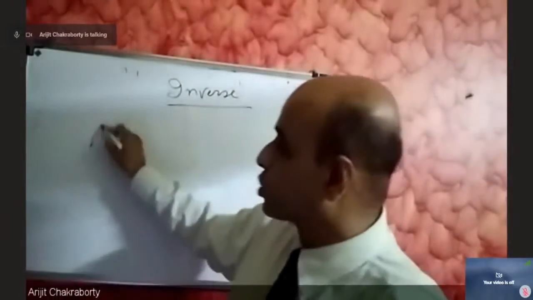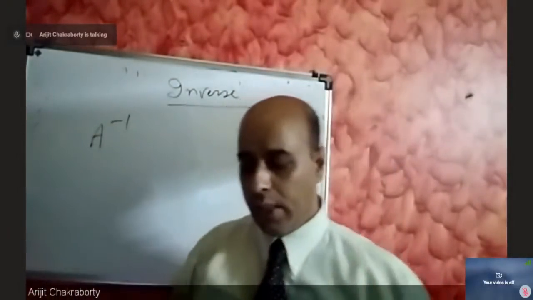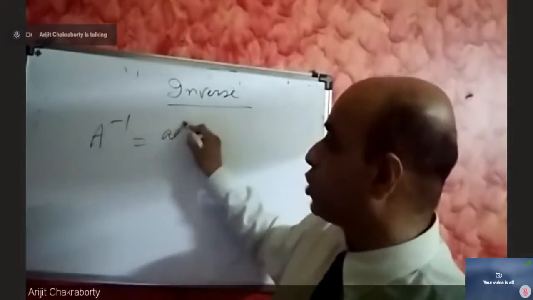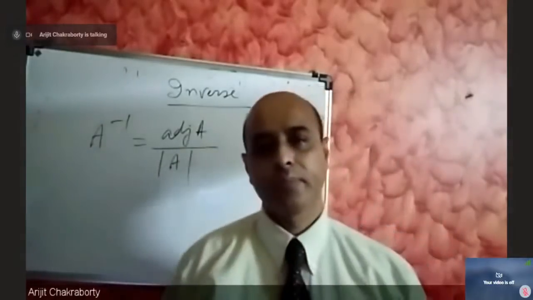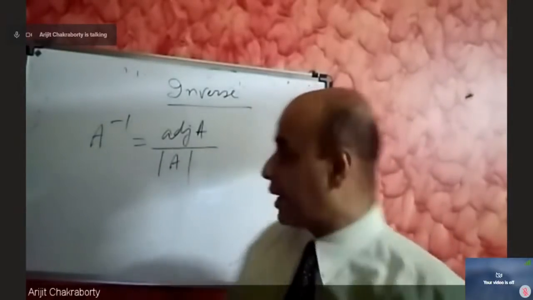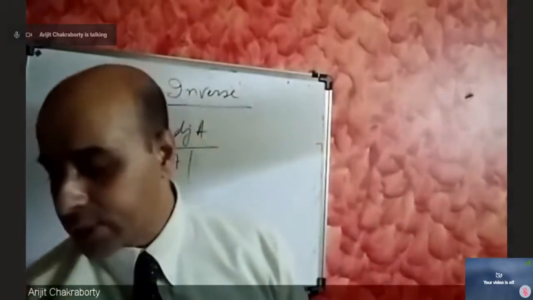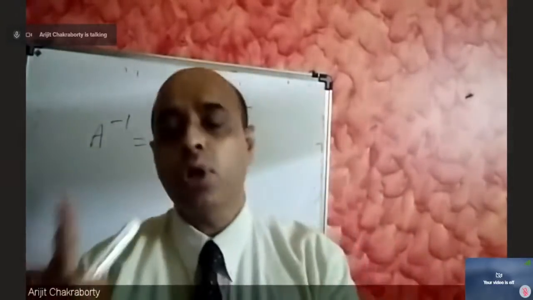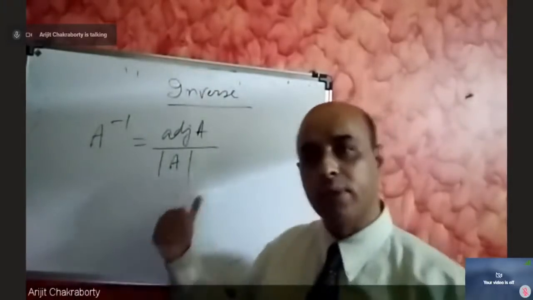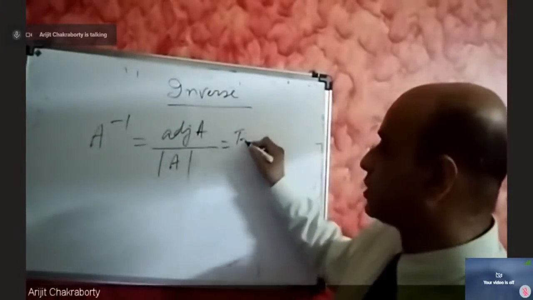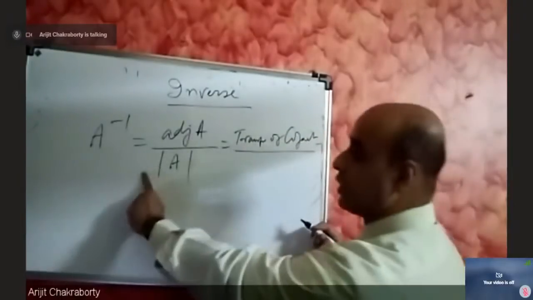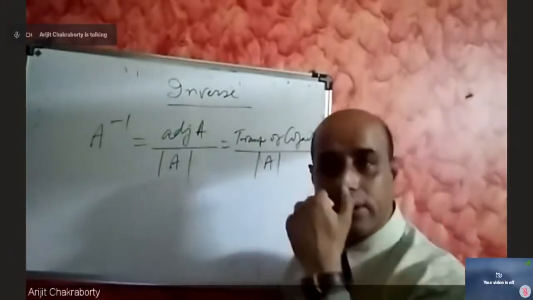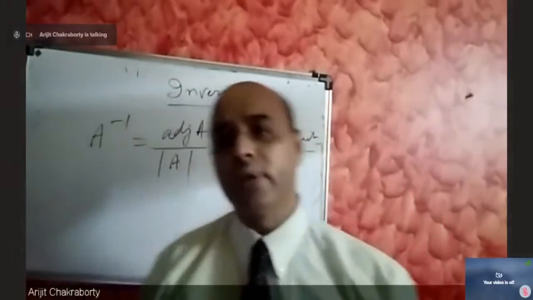Inverse of a matrix is shown by A inverse, that is A to the power minus 1. This is nothing but the adjoint of the matrix A divided by the determinant. The adjoint is the transpose of the cofactor matrix, and the denominator will be the determinant of the given matrix.